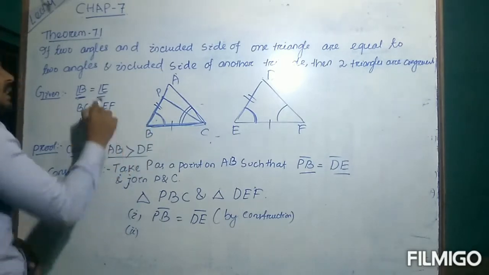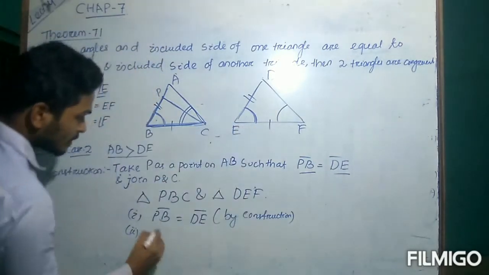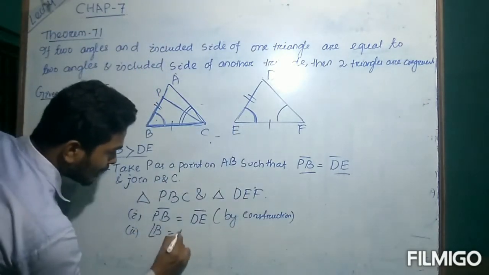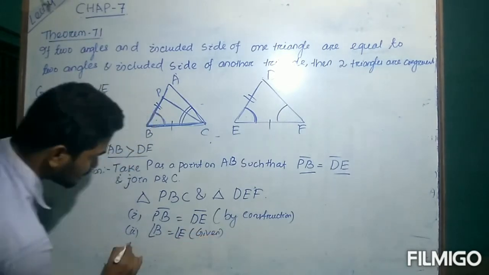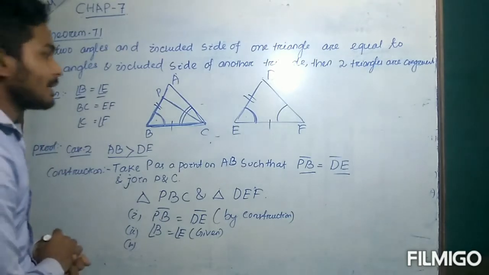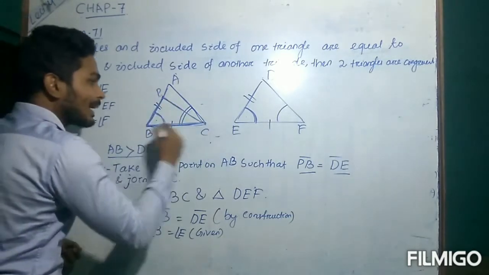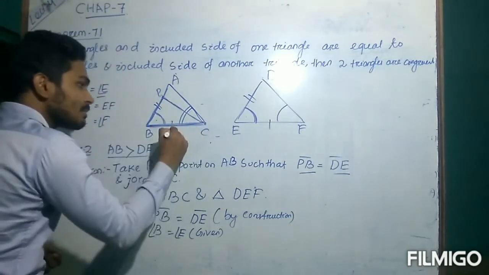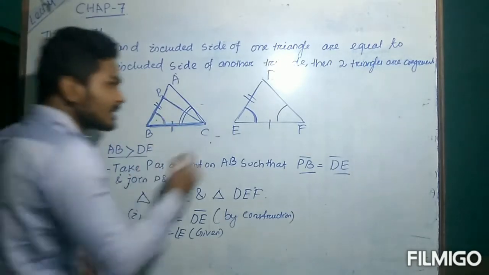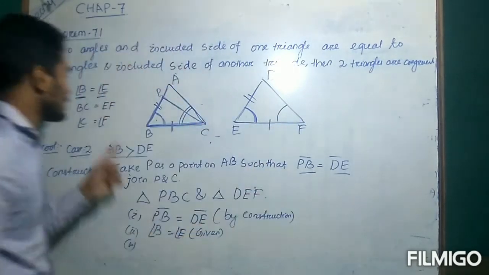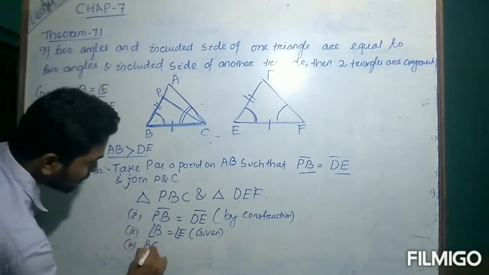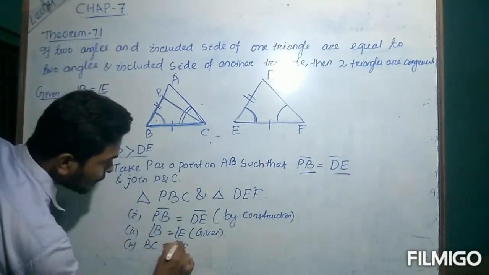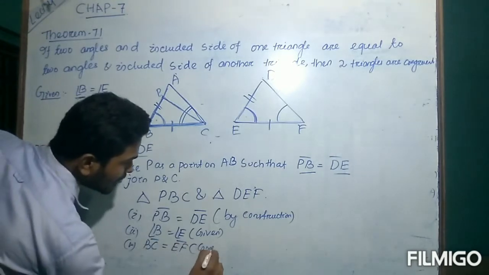See, angle B is equal to angle E. So we can write that angle B is equal to angle E. Why? Because it is given. Third condition is that in this small triangle, this side BC is equal to this side EF because it is given. So we can write BC is equal to EF. Why? Because it is also given.